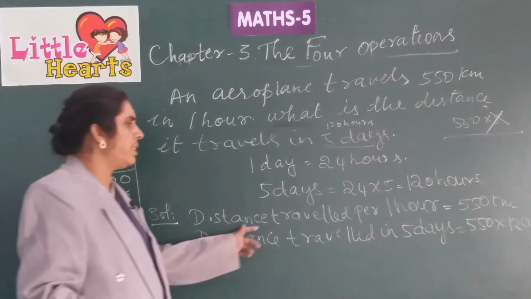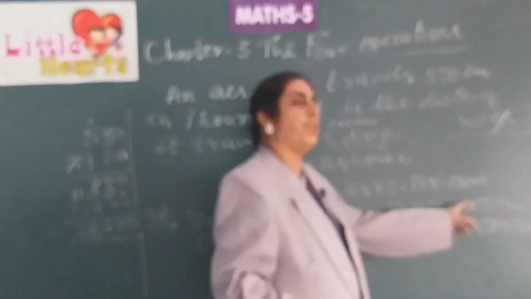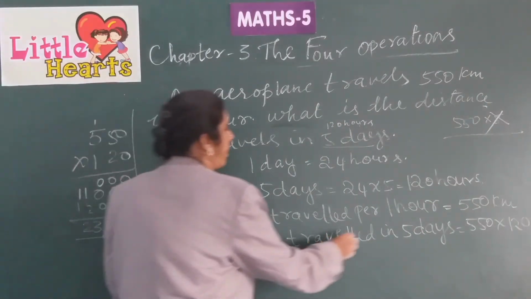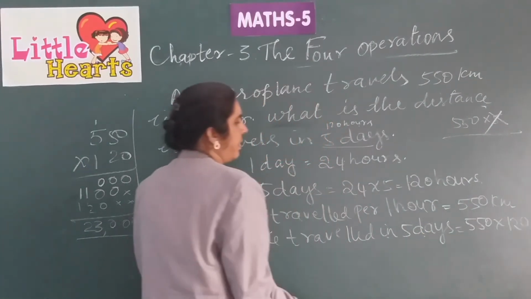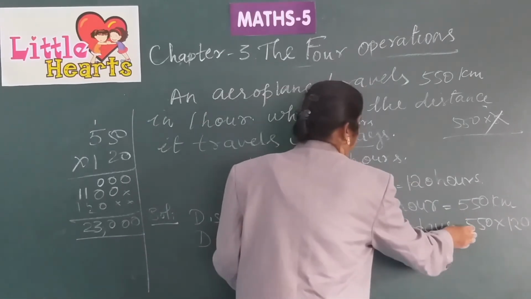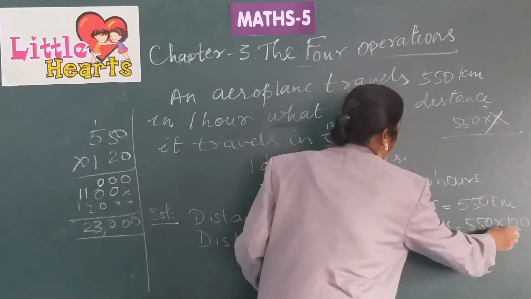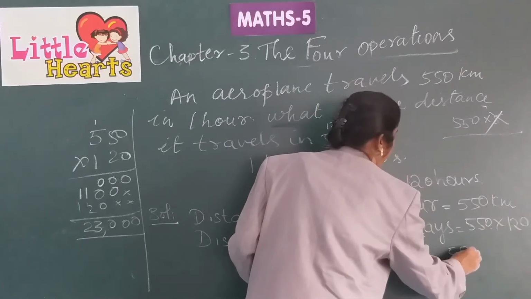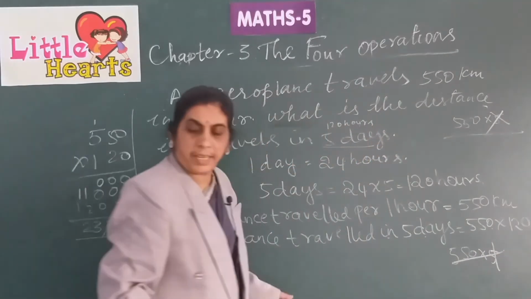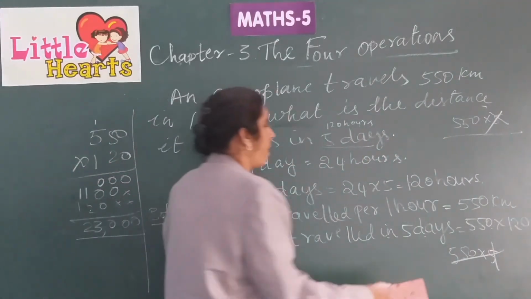So distance travelled per 1 hour is equal to 550 kilometers. And distance travelled in 5 days, that is 120 hours. 550 into 120. Never multiply 550 into 5. That is wrong. We have changed days to hours.